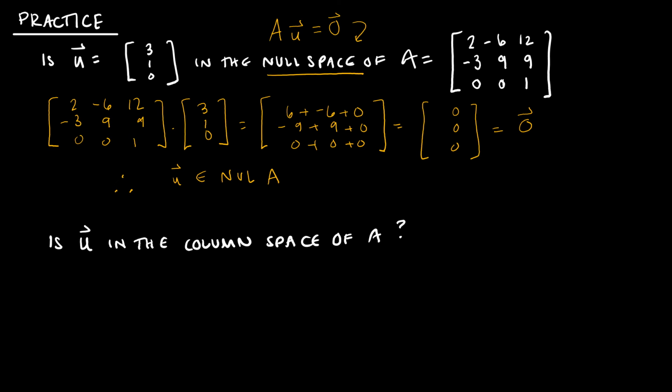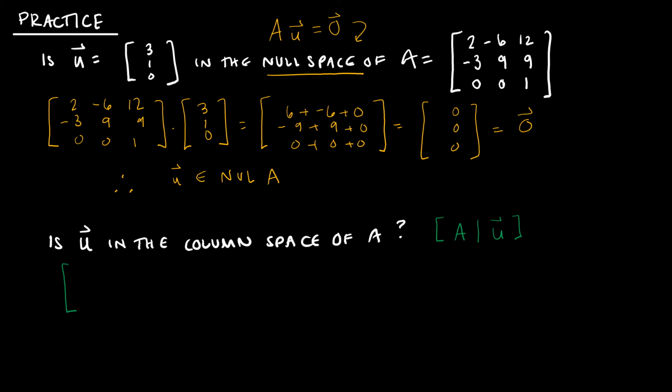So now let's switch gears and talk about the column space. For the column space, we're going to take A and augment it with u, and then we're just going to do row reduction and determine if it's a consistent system or inconsistent. If the system is consistent, then u would be in the column space of A, and if it's inconsistent, then it's not.